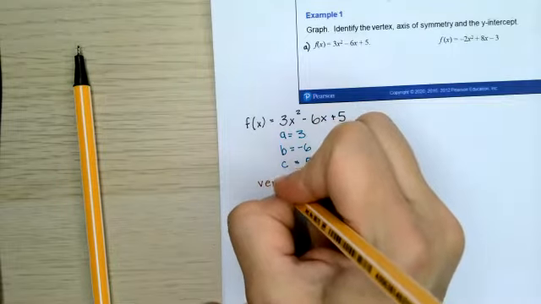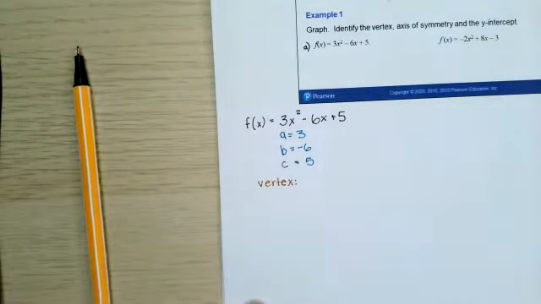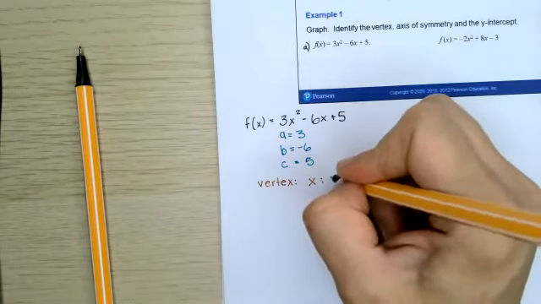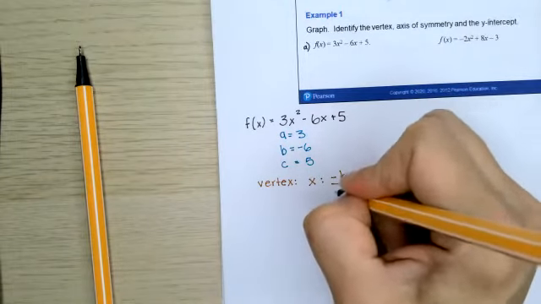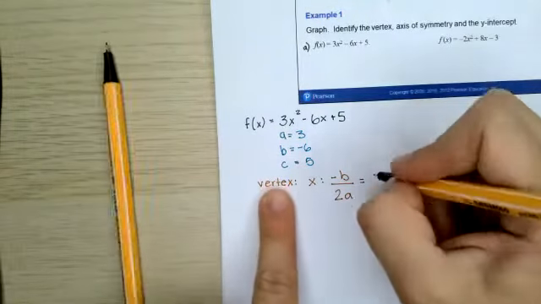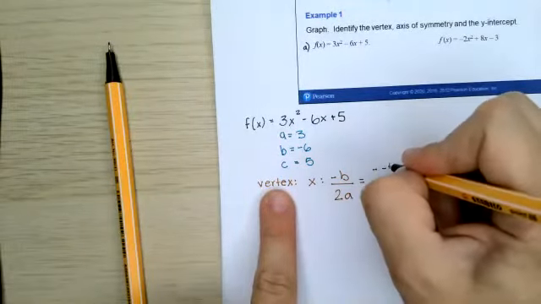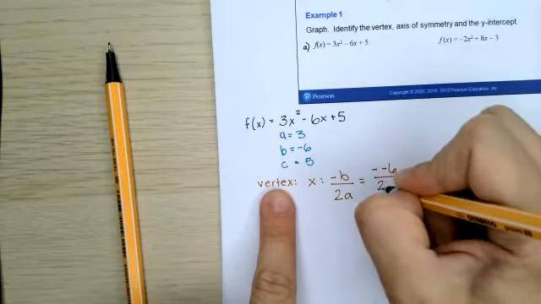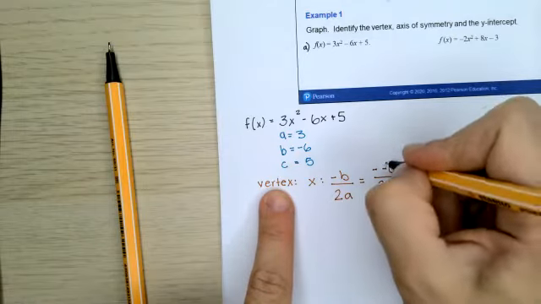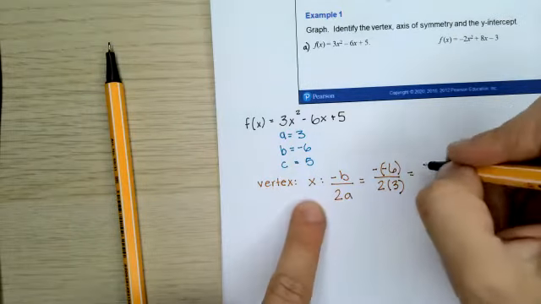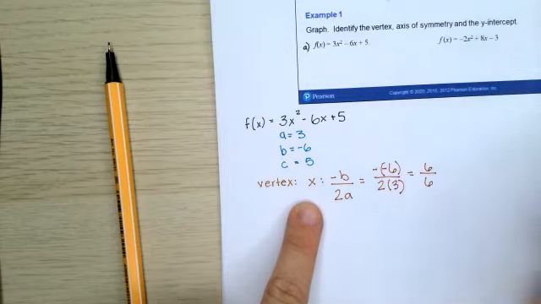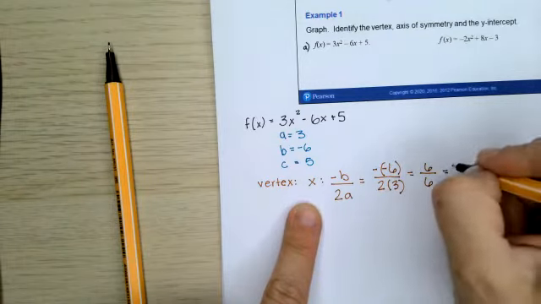We have to start with the x value of our vertex. The x value is -b/2a. So if we input what we have here, then that means it's negative 6 over 2 times 3, right? Guess I should also put that in parentheses. Negative 6 becomes a positive 6. 2 times 3 is also a positive 6. 6 over 6 is 1.